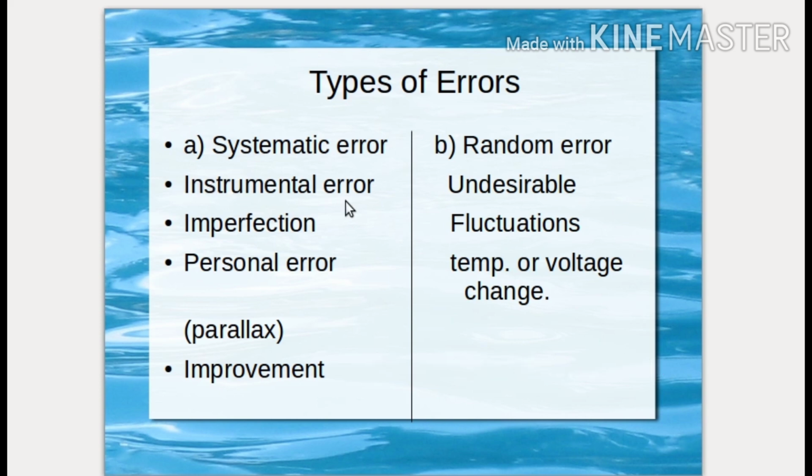Now imperfection. Imperfection means the material of which the instrument is made is not capable of adapting to all types of temperature or humidity or your natural atmosphere. So the pressure, temperature, these things vary. Now what about the personal error?